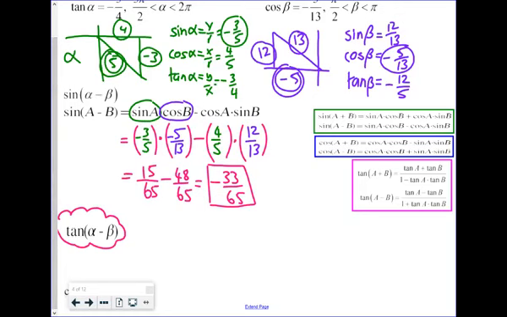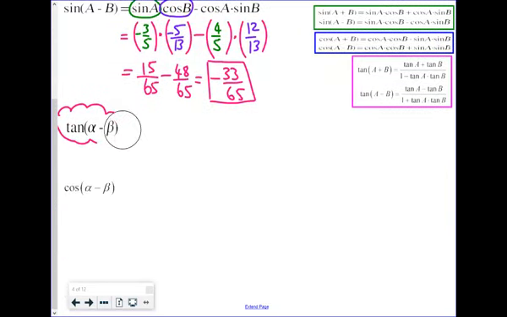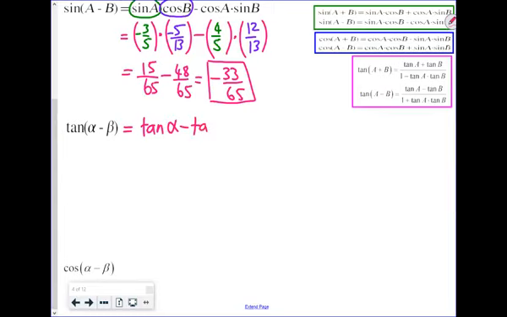Okay, so here we go. We're not going to do that last one. This is going to be tangent of alpha minus tangent of beta over 1, opposite of what I just wrote, multiply them together. Now, some of you, I know, get horribly mixed up when you're working with fractions. Let's see what I've got here.